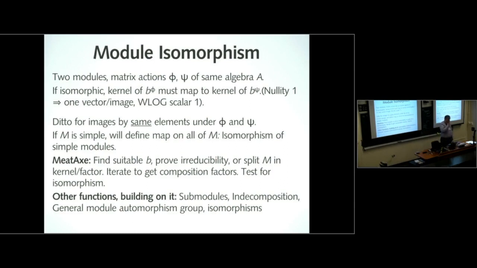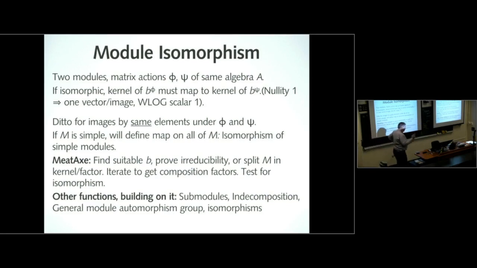So, what have we done? The meataxe was a little bit of an excursion. We really started with the question, if we have a group of matrices acting naturally on a vector space, how can we find a non-trivial homomorphism?